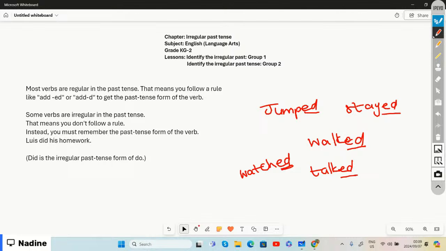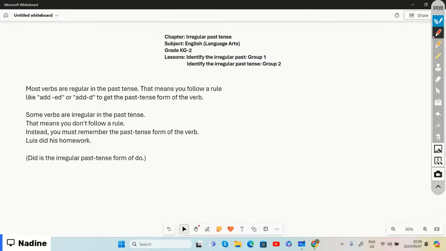All right. So now we have our irregular past tense. Irregular past tense do not follow any rules. You're just going to have to remember it, for example, the specific verbs. You're going to have to know it.